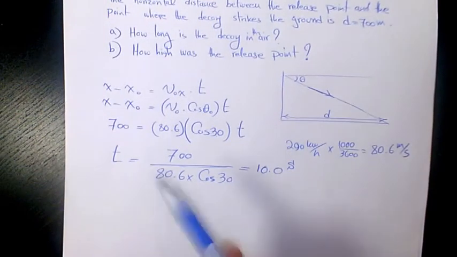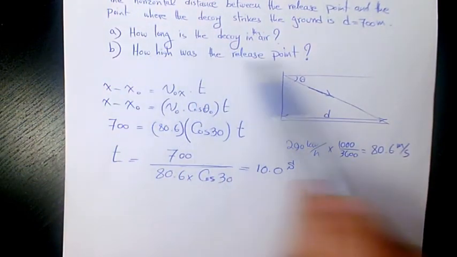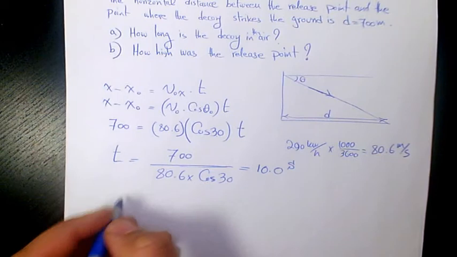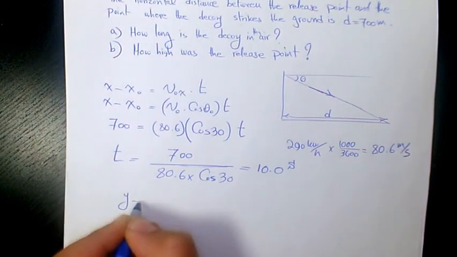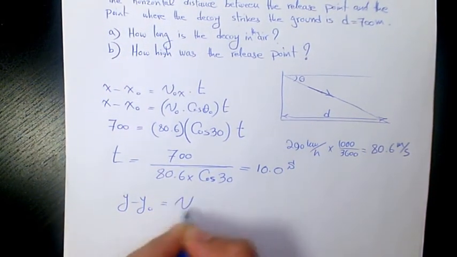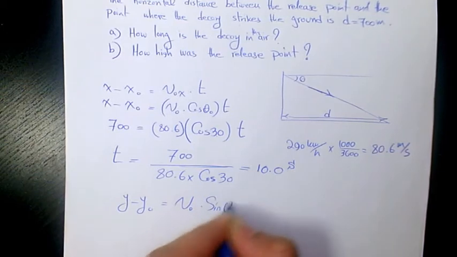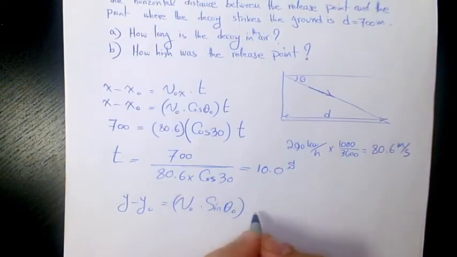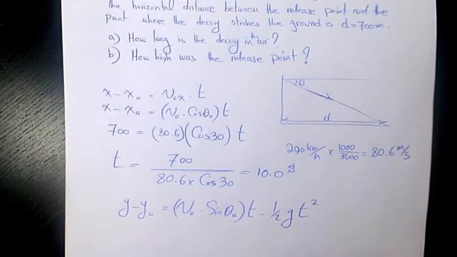Let's find the second part, which is how high was the release point. We can say y minus y naught equals v naught times sine theta naught times t minus 1 over 2 g t squared.